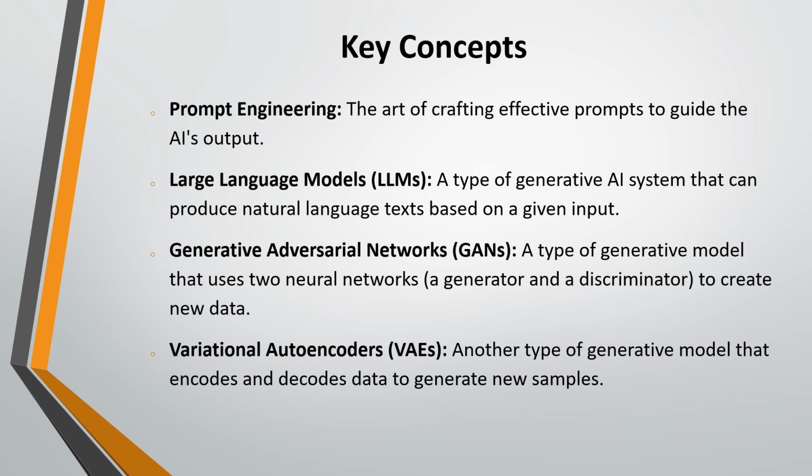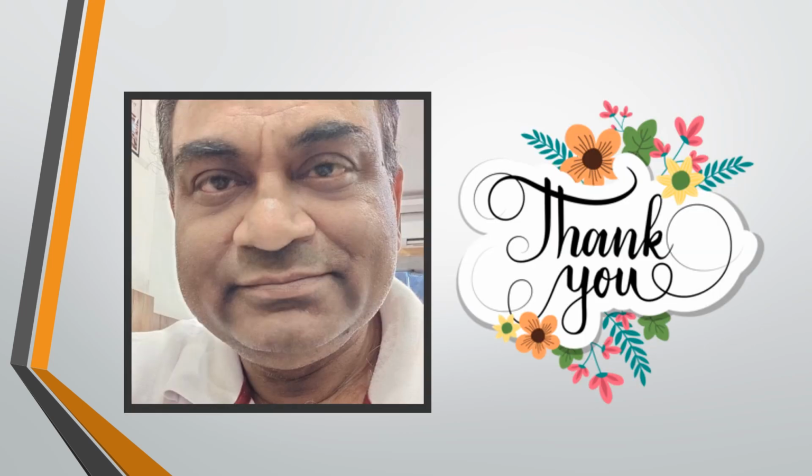Variational autoencoders, basically VAE is another type of the generative model that encodes or decodes data to generate new samples for you. So it can smartly deal with all your queries. It can create images, it can create videos, it can create music. So possibilities are many with the help of generative AI, and it is the buzzword of today.